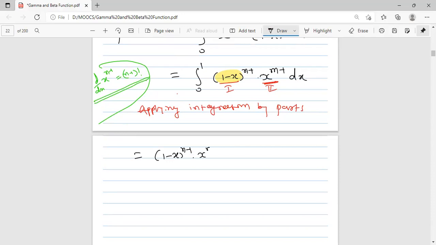Integration of the second term, x raised to m divided by m, between limits 0 and 1, minus integration 0 to 1 of the derivative of this term, n minus 1 into x raised to power n minus 2 into x raised to power m divided by m. I hope you are getting it.